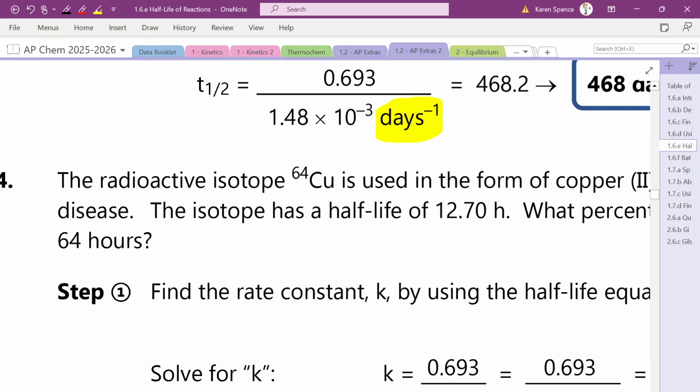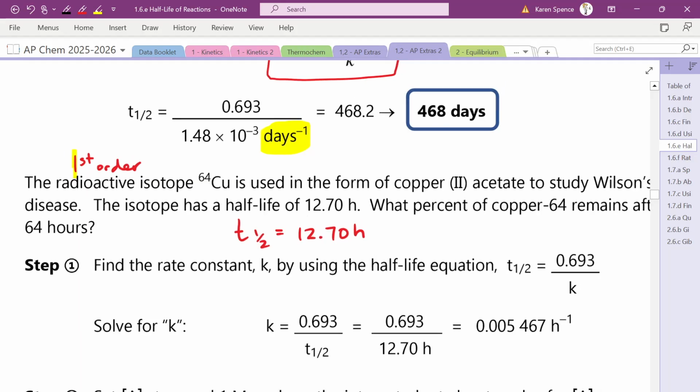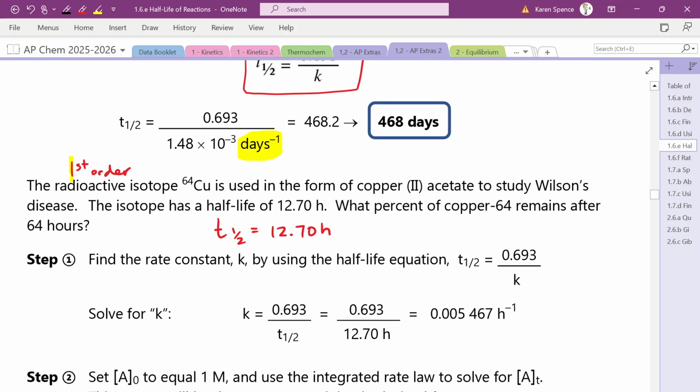Here's some stuff that is, other than the fact it's radioactive, so that gives us first order. This isotope has a half-life, T1/2, equal to 12.70 hours. What percent of copper-64 remains after 64 hours?